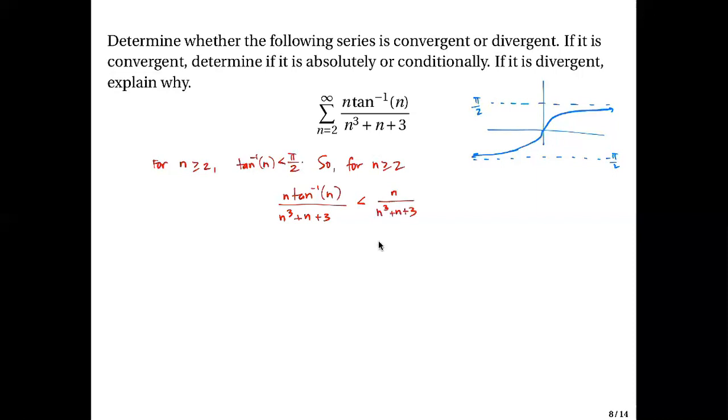Furthermore, since we add a positive number to the denominator, the fraction becomes smaller. So this will be less than n over n cubed, and n over n cubed is just 1 over n squared.